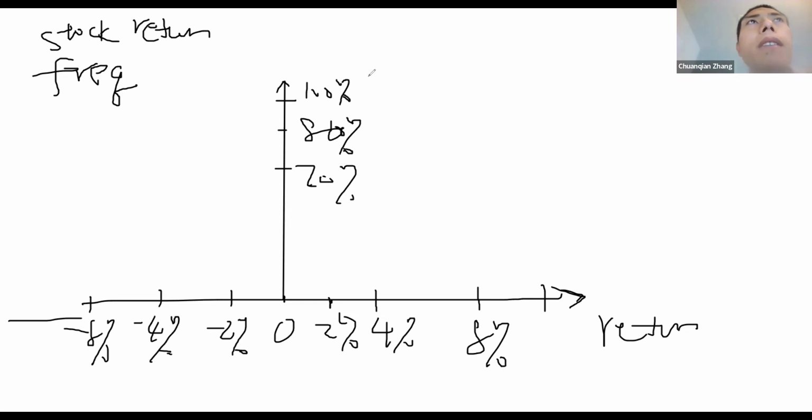So 0 return on the daily basis is usually 80%. So let's say daily. You need to provide the frequency, because that's a very important thing to talk about, the time window.